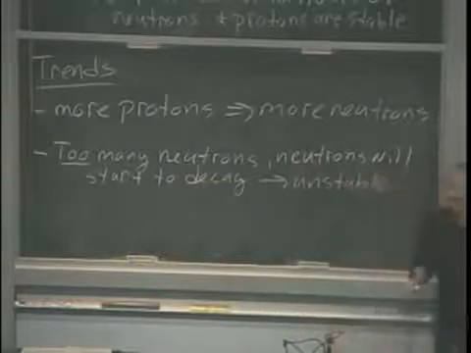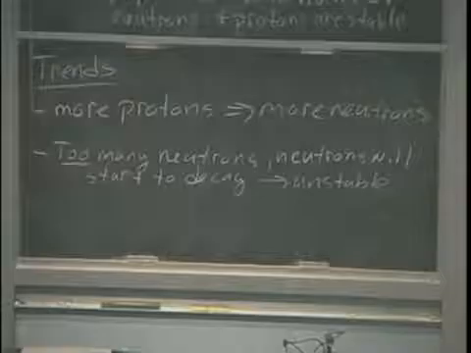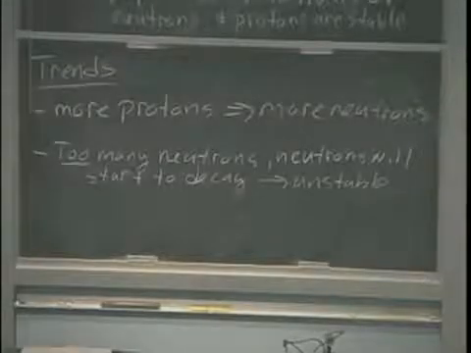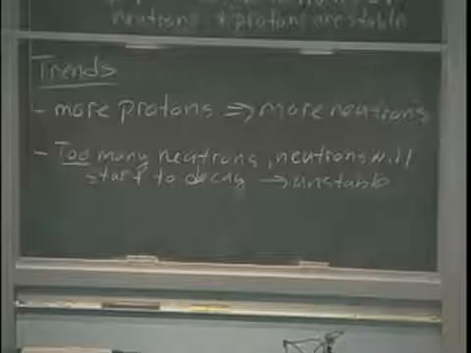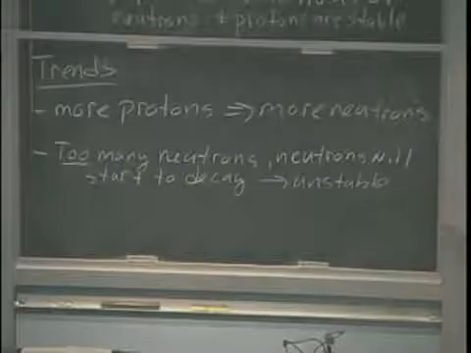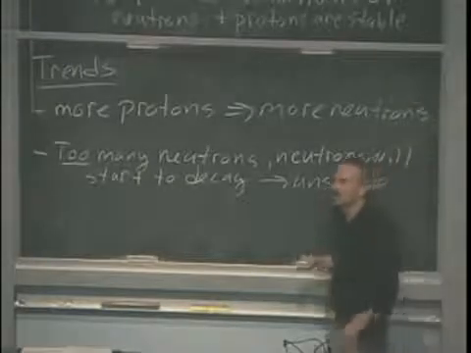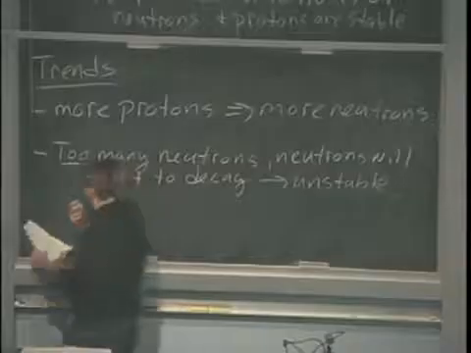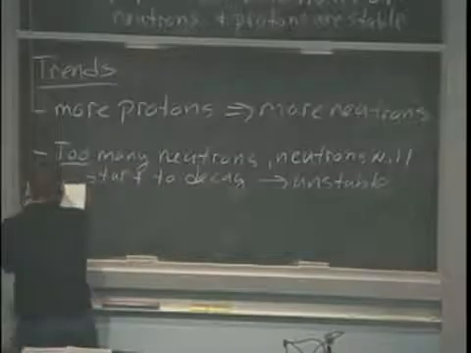So nature has built in this range of stable nuclei where we can add more neutrons to make it stable, but once we add too many neutrons, the neutrons will start to decay away. So there's a limit to how many neutrons we can put into a nucleus for a given number of protons.